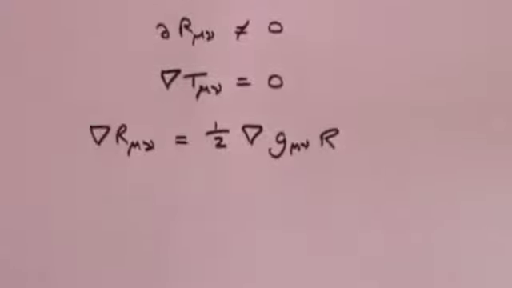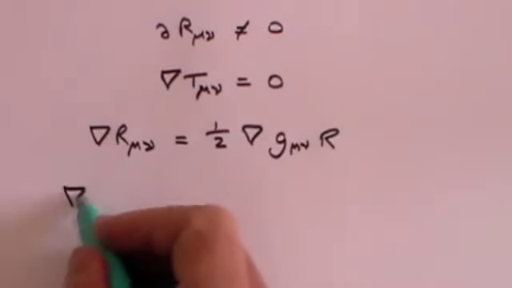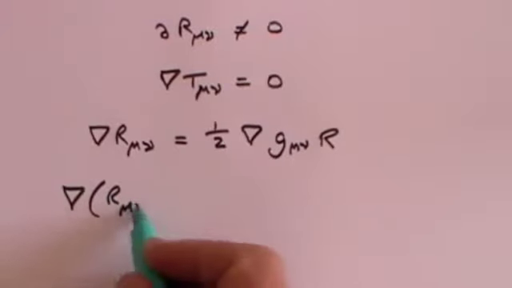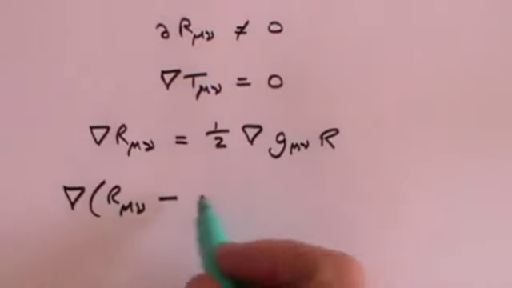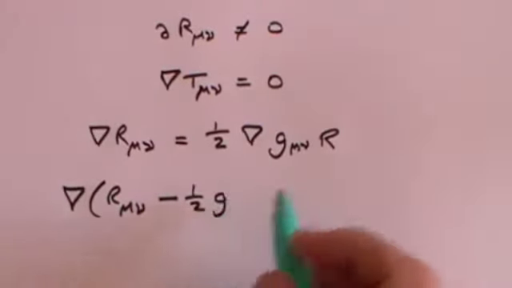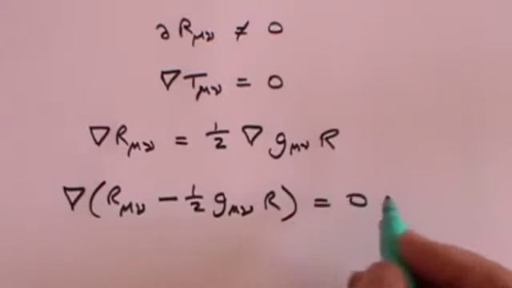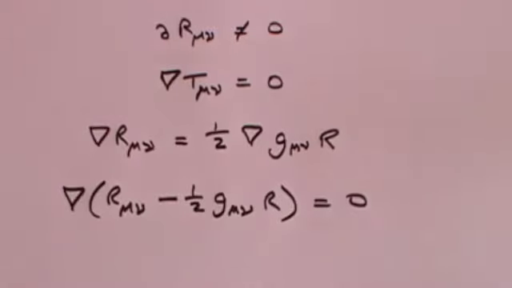If you've got an equation like that, you can bring everything to one side, and essentially you get that the covariant derivative of the Ricci tensor minus 1/2 times the metric tensor times the curvature scalar equals 0. And now we've got a covariant derivative of a term which equals 0.